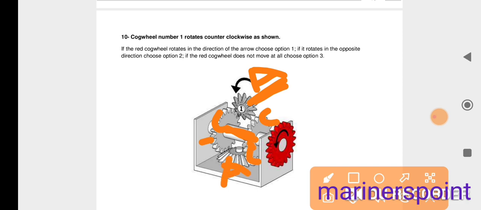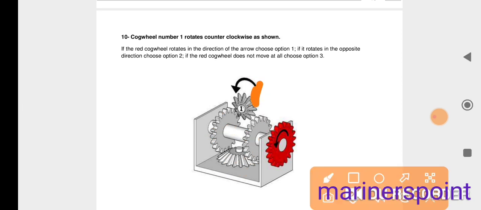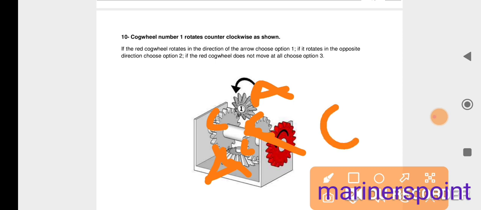Okay, one more time: anti-clockwise, external gear clockwise, same rod clockwise. Here all okay. Now this is on the same rod, then it should also rotate in clockwise direction.